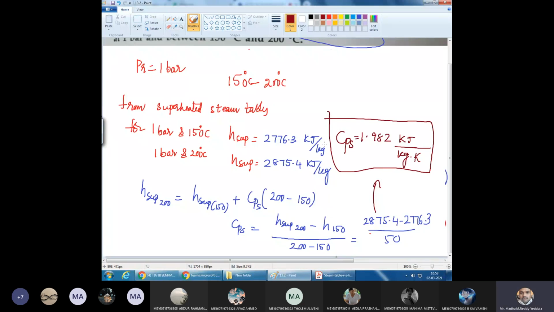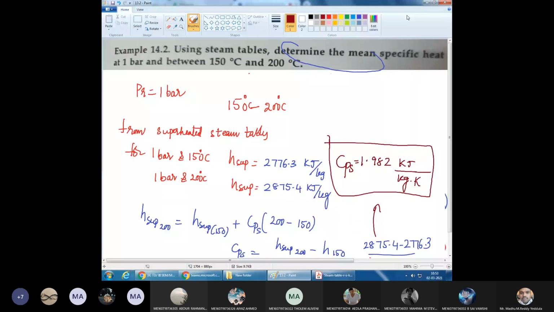Clear? So the main important thing is which steam table we need to use based on the given data. Choosing the appropriate table is very, very important. Okay. Clear, sir? Right. Next problem.